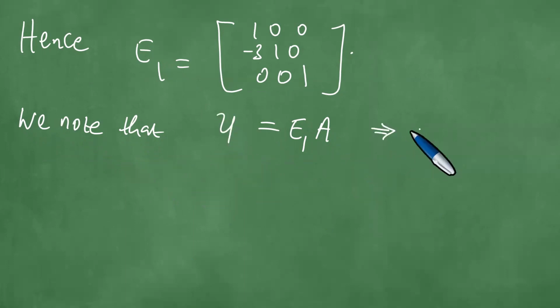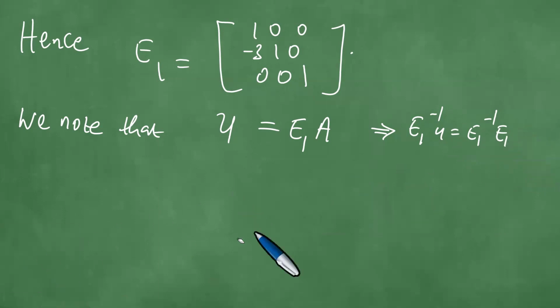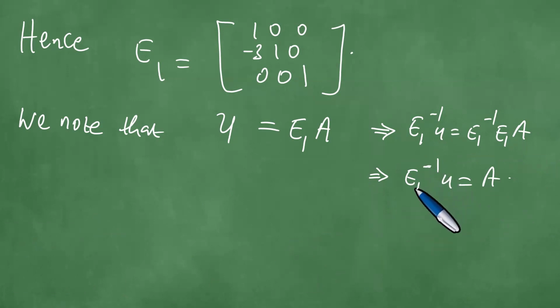Using algebraic manipulations, we have E1A equals U, which then means that you have E1 inverse U, which equals A. This is exactly the elementary matrix inverse times U equals A.